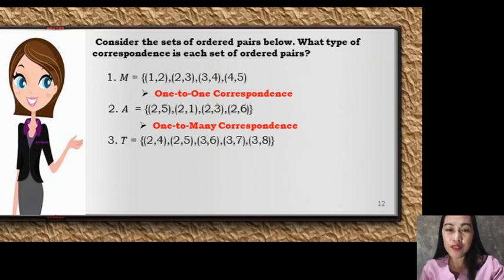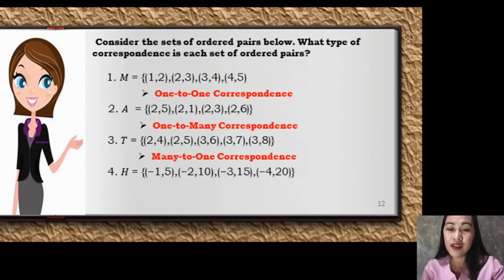What type of correspondence is set T? It is a many-to-one correspondence. Very good. How about set H? It is a one-to-one correspondence. Very good. So that's how to illustrate relations and functions.